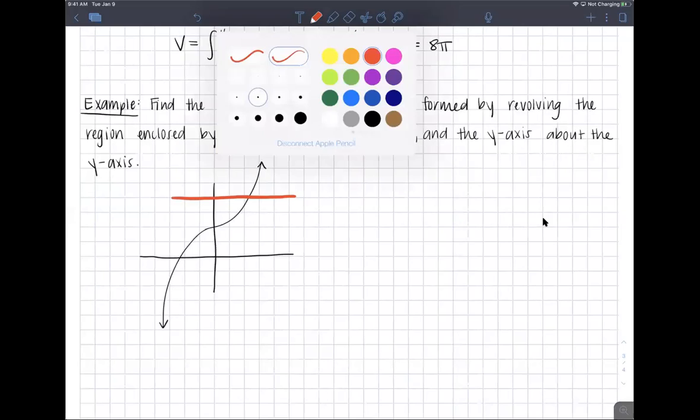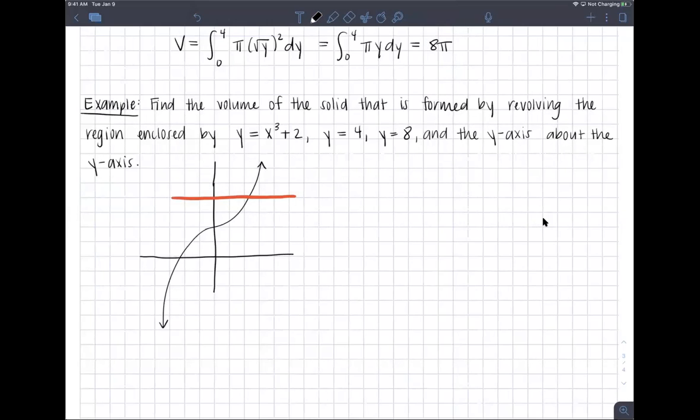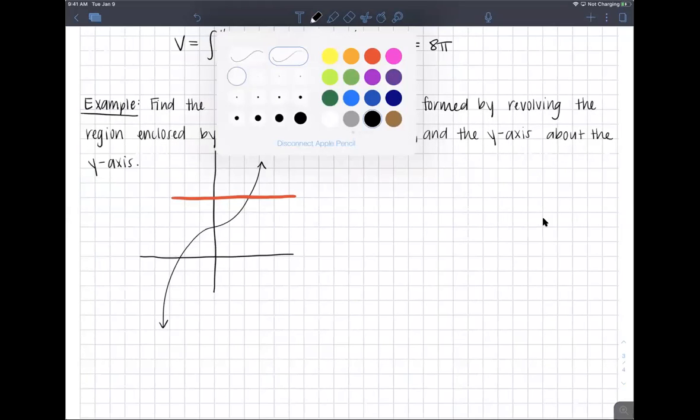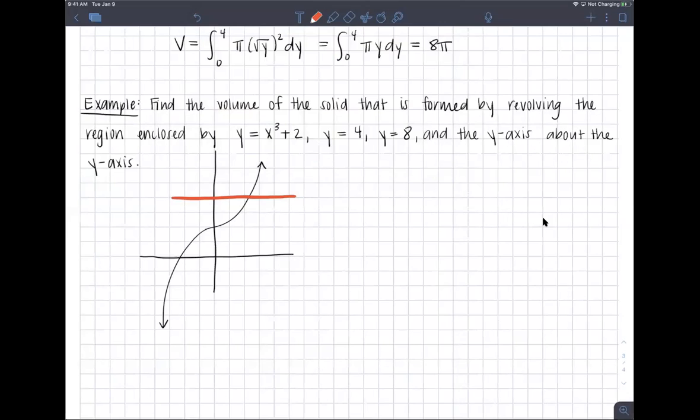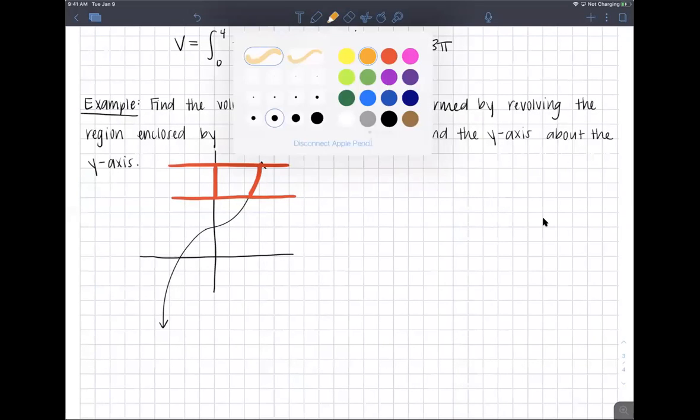And y equals 8 is somewhere up here. So we'll just do that for now. The y-axis, and then here. So this is the region that we're looking at this time.